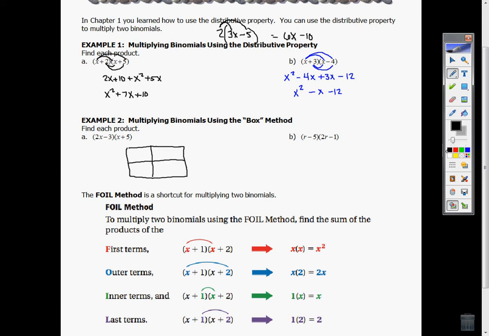And along the box you will put your binomials. So up on the top I would have 2x and negative 3, signifying this binomial here. And then on the side I would have x and positive 5, signifying this binomial over here.